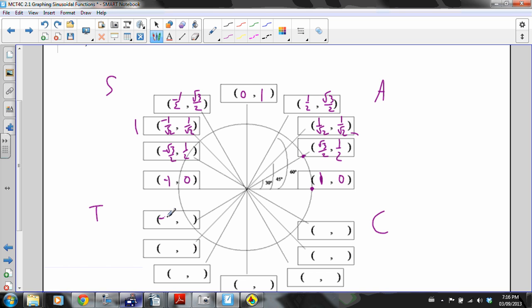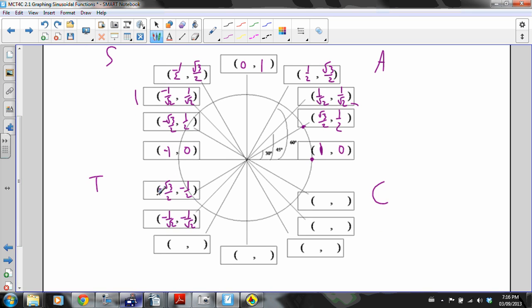X-coordinate's negative, y-coordinate is negative. The related acute angle is 45 for this one, and so the x and y coordinates are the same. Notice only the tangent's positive because I go sine divided by cos and I get tangent to be positive.